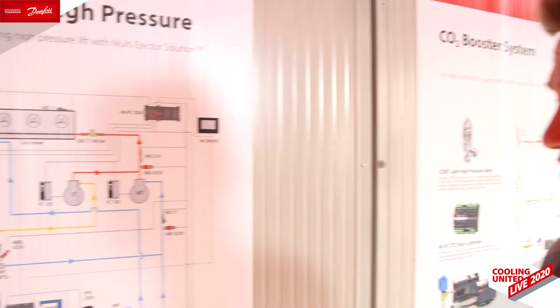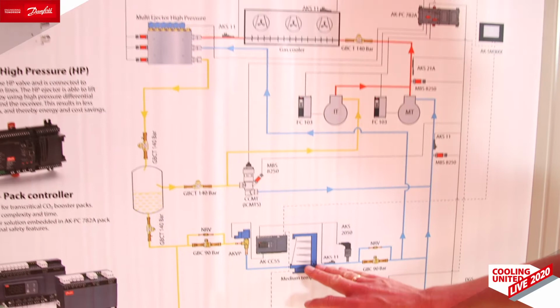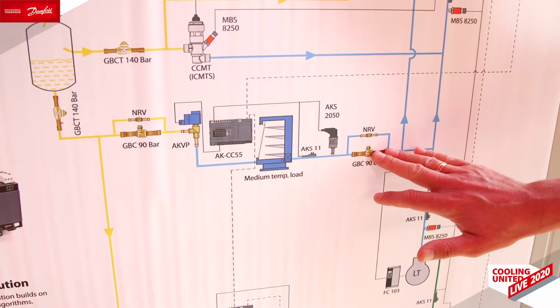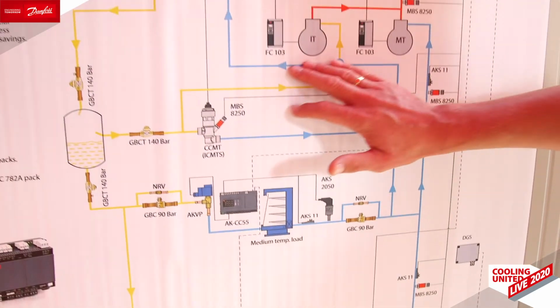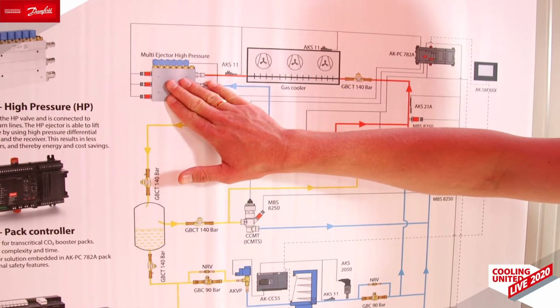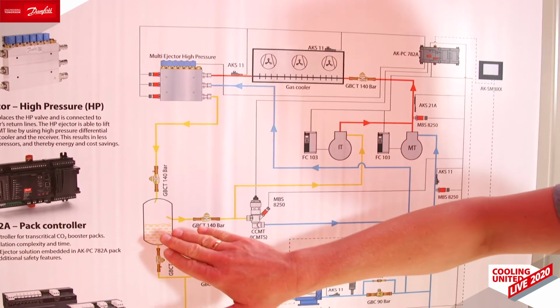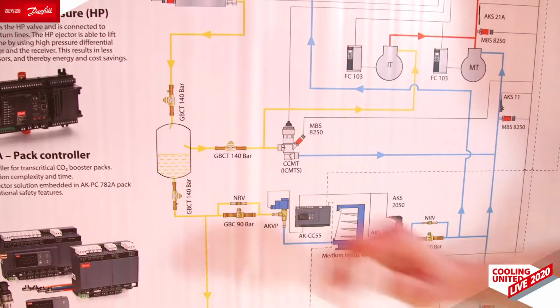At an ambient temperature of 35 degrees centigrade, it is able to move approximately 50% of the CO2 leaving the empty cases and bring it to the multi-ejector, mix it with the gas coming from the gas cooler, and then send it to the receiver.